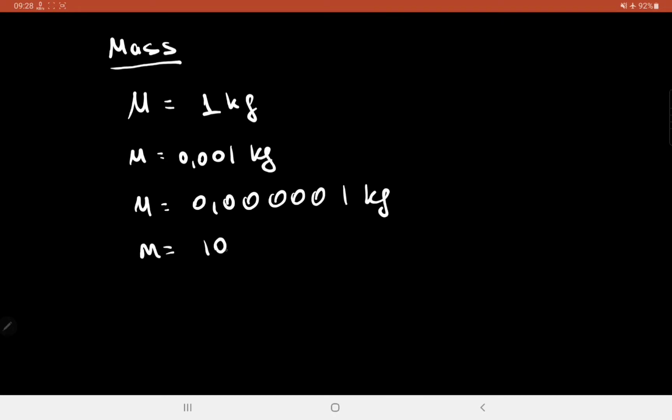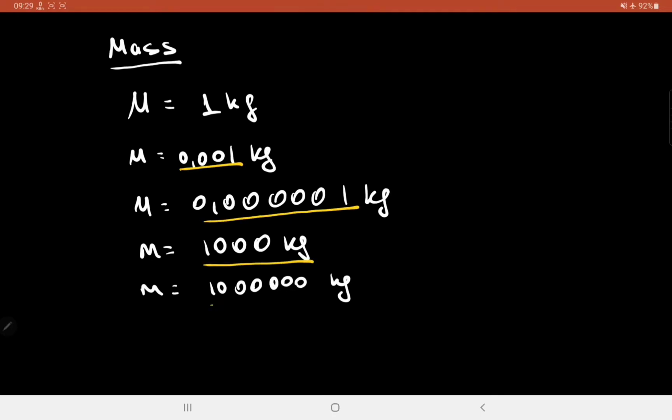It can be 1,000 kilogram or 1 million kilogram, 1 billion, trillion, etc. So as you see, the range is very big. It can be very small mass, it can be very huge, big mass. So of course, as you see, it's inconvenient to use these numbers, yes? So kilogram is not useful for this kind of situation.